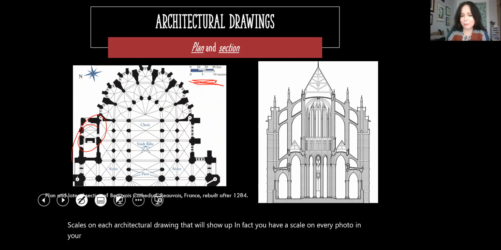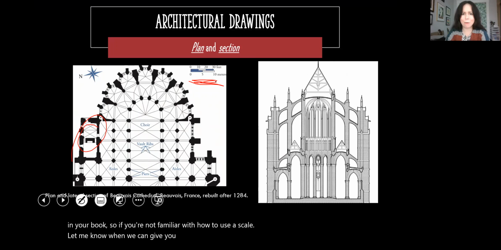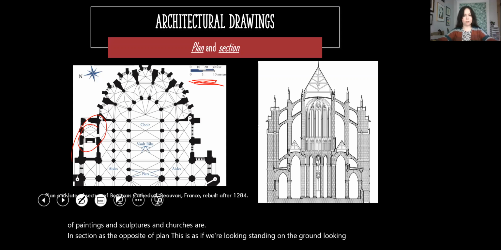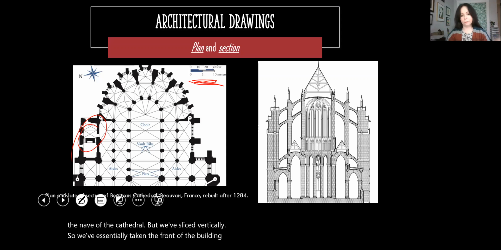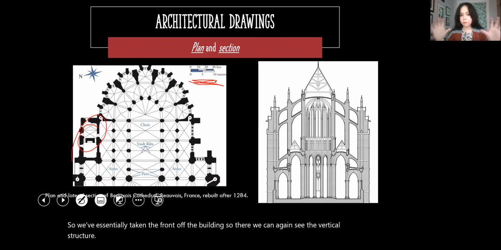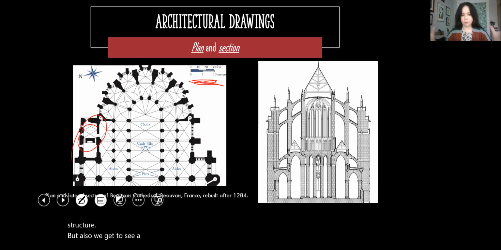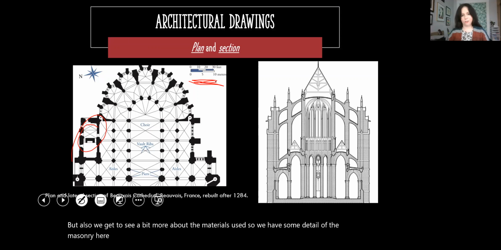So if you're not familiar with how to use a scale, let me know and we can give you a much more realistic sense of just how big the dimensions of paintings and sculptures and churches are. In section, it's the opposite of plan. This is as if we are looking, standing on the ground, looking into the nave of the cathedral, but we've sliced vertically. So we've essentially taken the front off the building. So there we can again see the vertical structure, but also we get to see a bit more about the materials used. So we have some detail of the masonry here, as well as the arches it used in a standard Gothic cathedral.